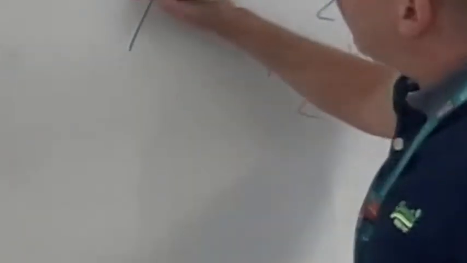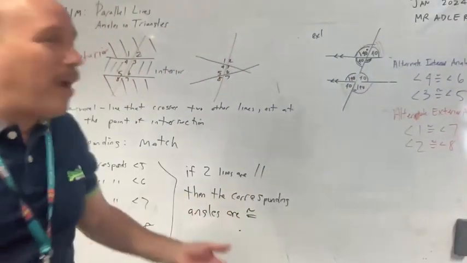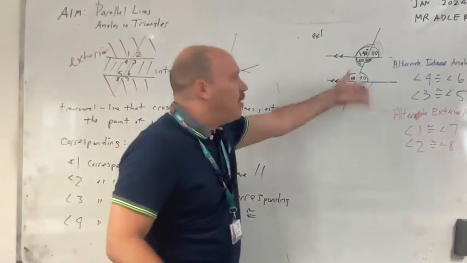And so we see that angle 1 is congruent to angle 7, and we also see that angle 2 is congruent to angle 8. That's another pair, so once again, you can quickly fill in a chart like this.